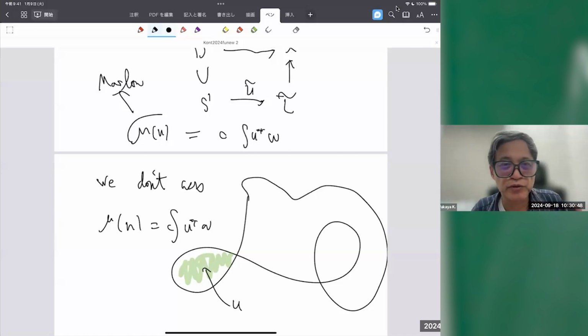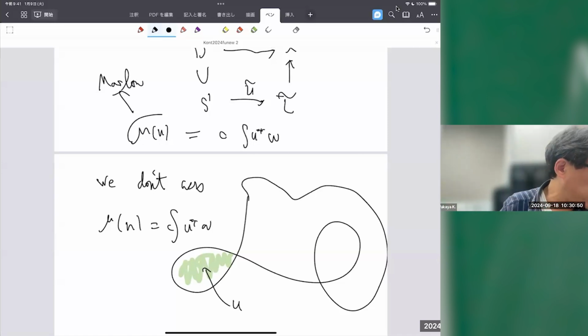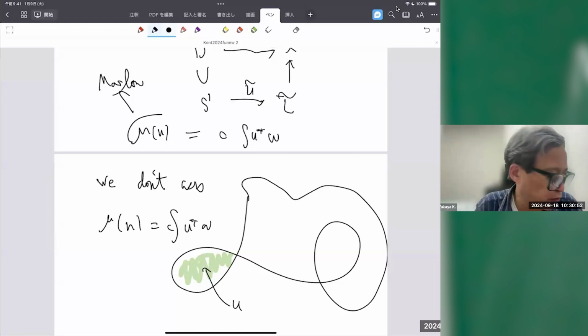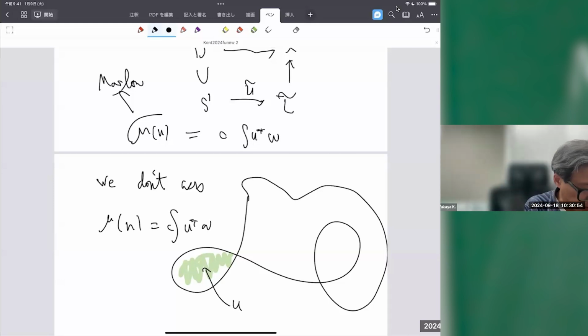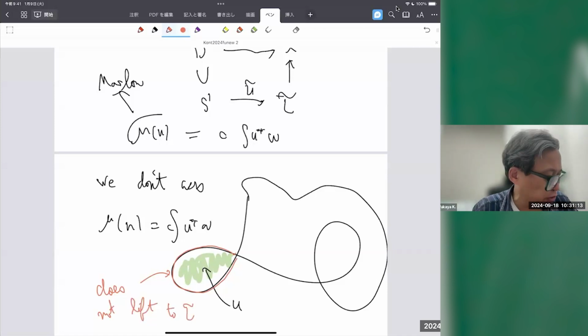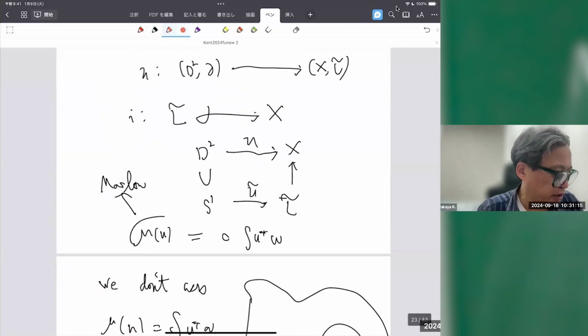If you do not know the Maslov index, it is something like a relative version of the first Chern class. So we don't assume this condition for this u because this boundary loop does not lift to this L tilde, so this is not such a u.